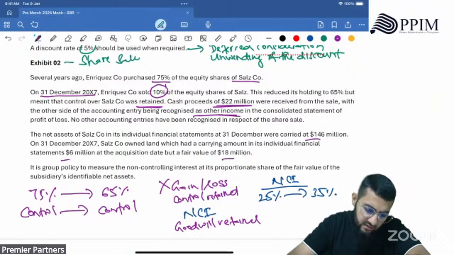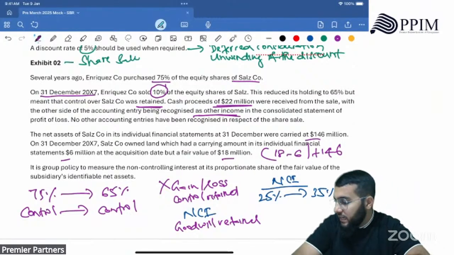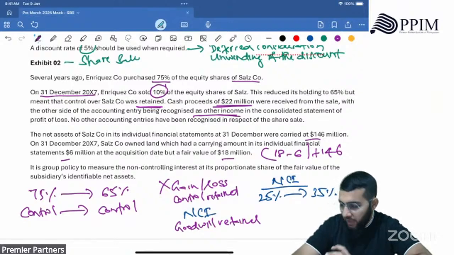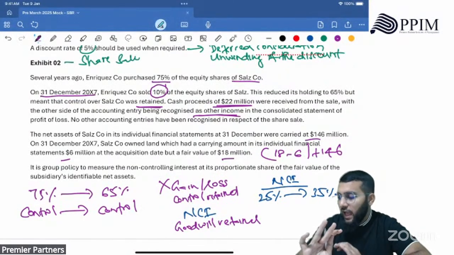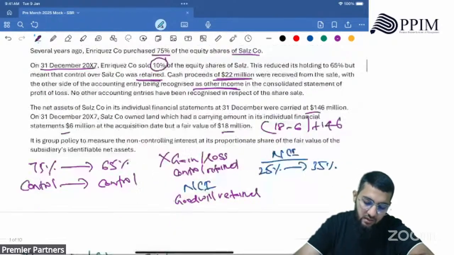So this is the fair value adjustment. 18 minus 6 plus 146 will give us our net assets, so we would know what net assets they had at that date. Then you multiply by the percentage that's increasing and allocate that to the NCI.